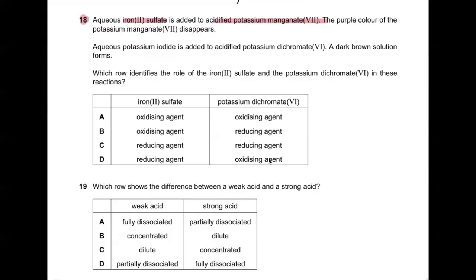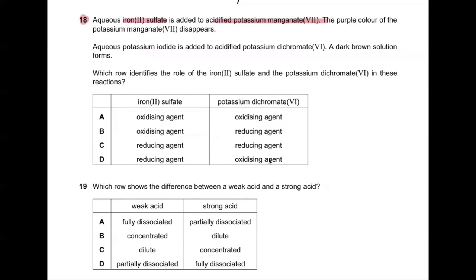In the same way, we know that potassium iodide is a reducing agent and it is used to test the oxidizing agent, and we got the color change, which means that potassium dichromate is an oxidizing agent. So iron 2 sulfate as an oxidizing agent, no. We have identified it as a reducing agent. And potassium dichromate we have identified as an oxidizing agent. So mentioning it as a reducing agent makes C wrong. So we are only left with option D. So D is the correct answer.